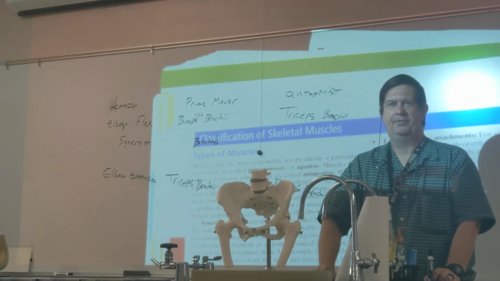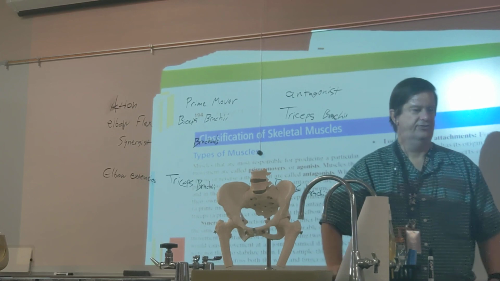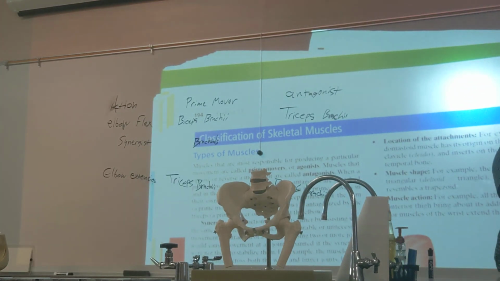Not that I'm aware of, but the brachialis is much smaller and it's not moving in one plane. It has a little lateral movement to it, is what I'm getting at, and that has nothing to do with the biceps at all. Does that make sense?